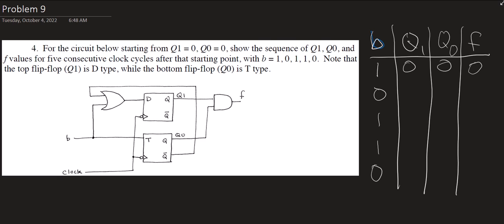Q1 is B or not Q0. So B or not Q0, so that'll be a 1.